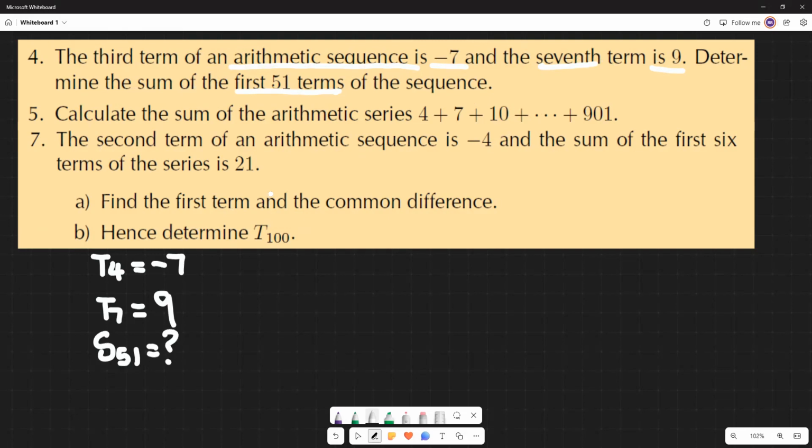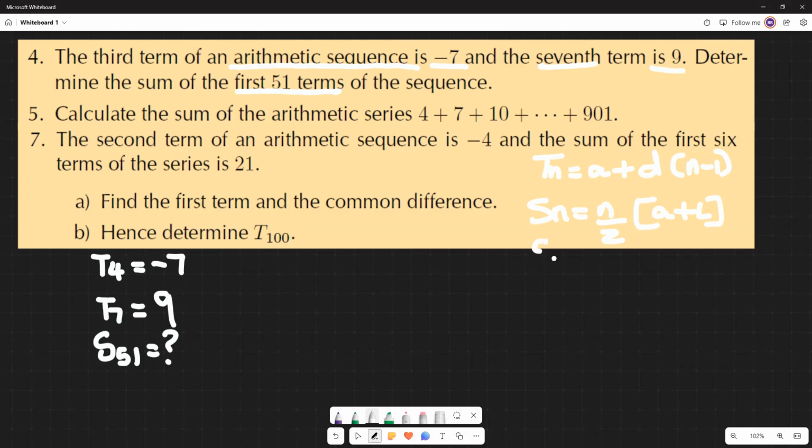Okay, so ladies and gentlemen, here I know these formulas. I know that Tn equals A plus D(n minus 1), which is the formula of the nth term of a linear pattern. I know that Sn is the same as n over 2 (a plus L), where a is the first term, L is the last term, and n is the number of terms.